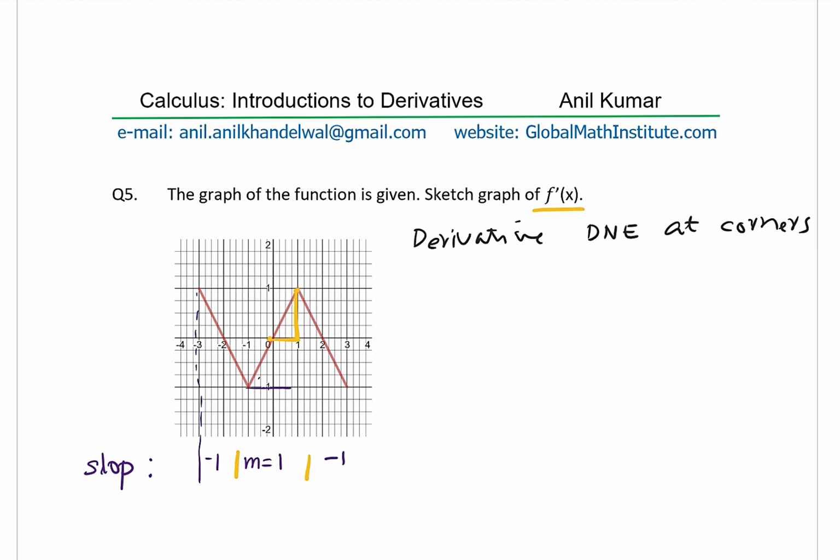So now I can actually sketch the graph. We know for sure that it is not defined here. And up to this point, it is 1. And from here, where it is not defined, up to this point, it is -1, right?